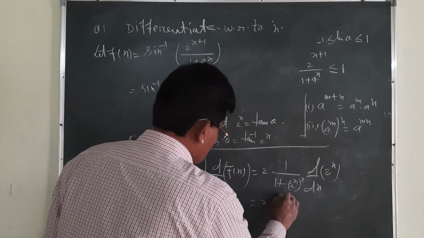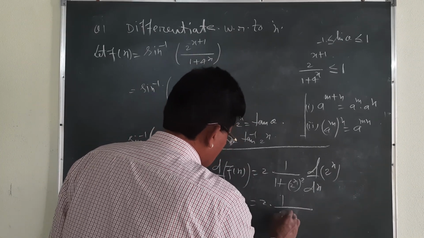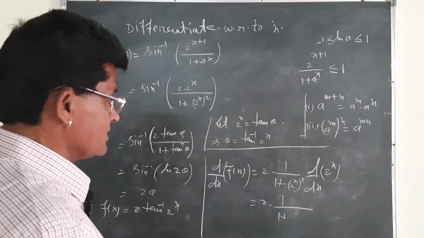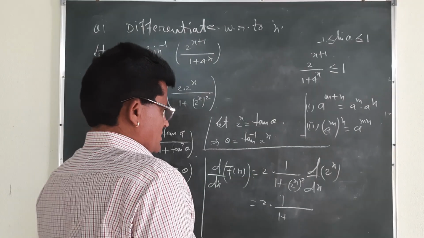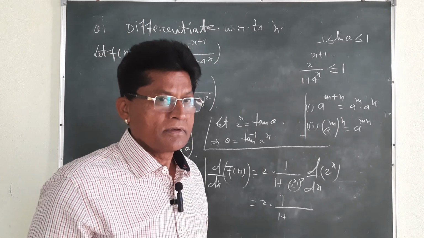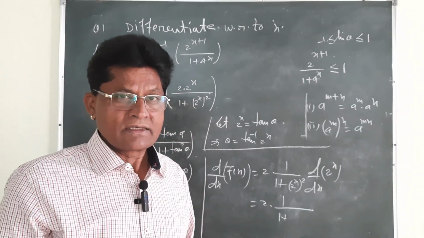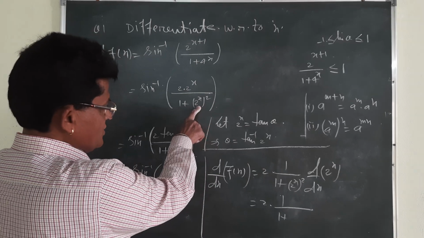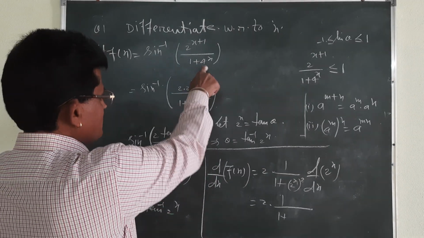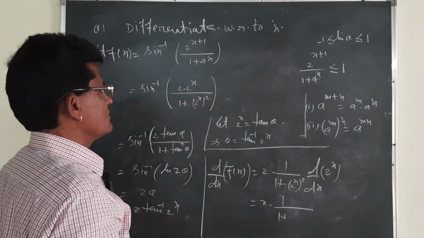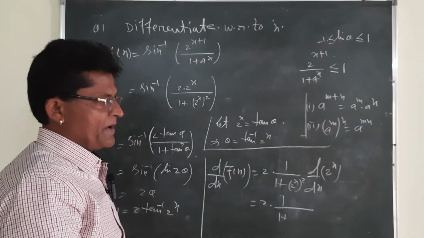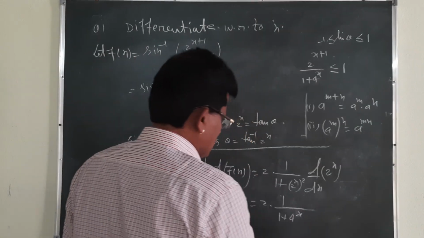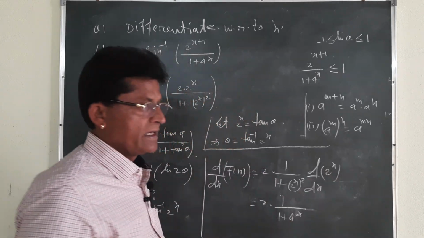Okay, 2 into 1 upon 1 plus 2 to the power 2x. Same thing you are getting. Just let me correct this one. This is 4 to the power x. Similarly, 4 to the power x here it will be. And once again, differentiation.